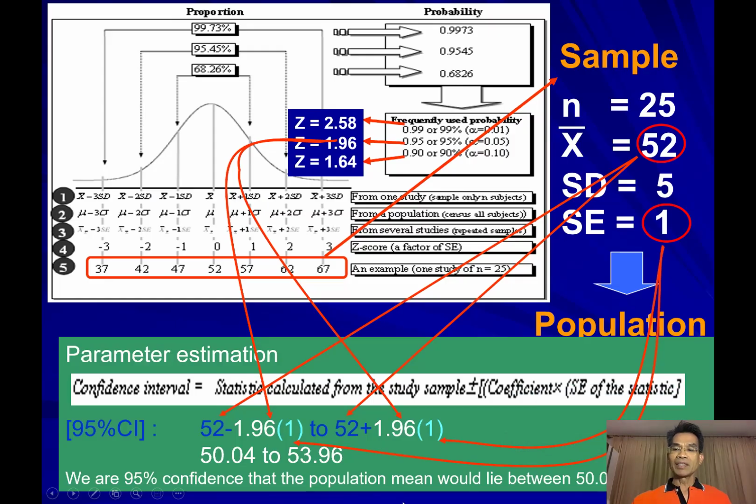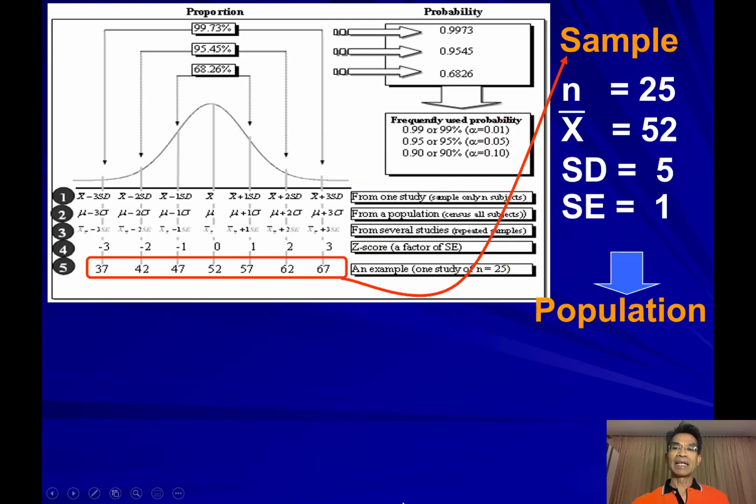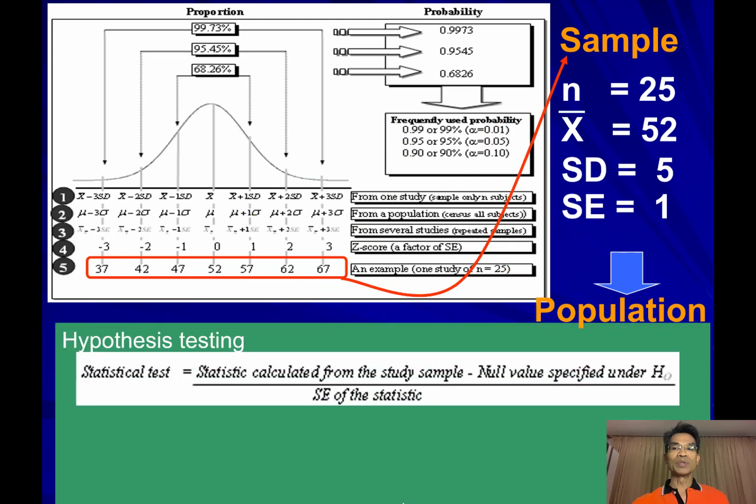Now back to the slide and proceed to the second component of statistical inference, which is hypothesis testing. For the hypothesis testing, this is the general formula.